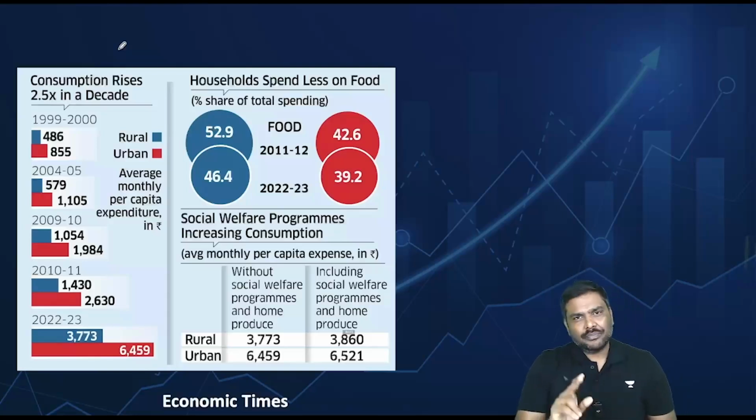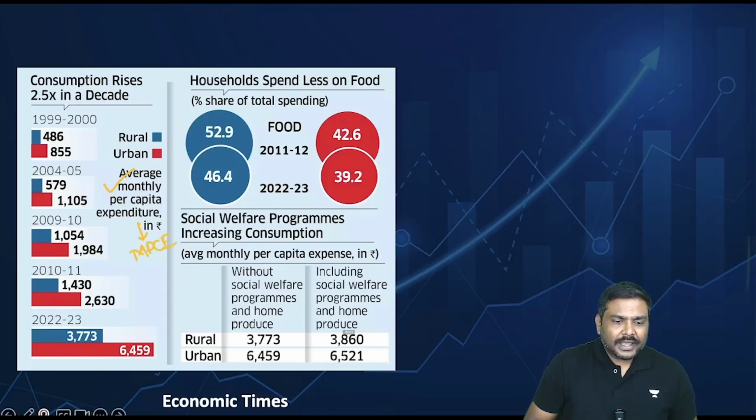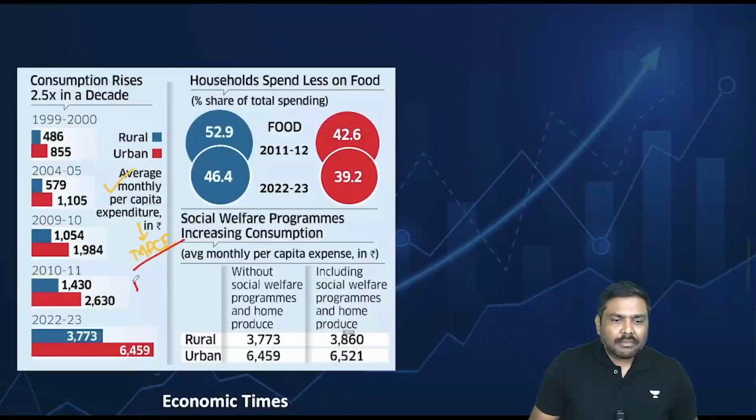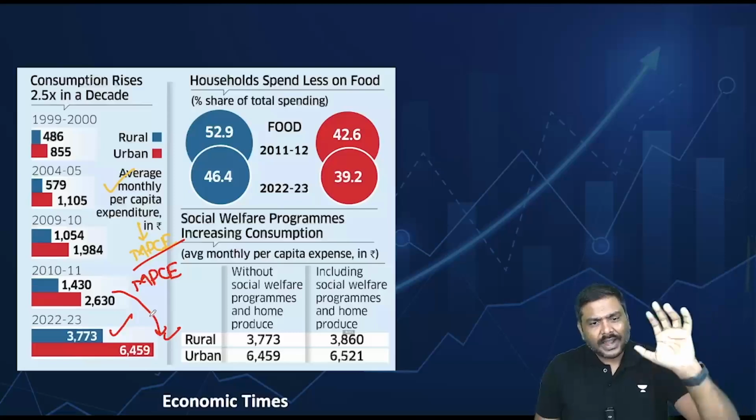Observations. Point number 1, the average monthly per capita expenditure, in short referred to as MPCE. MPCE for rural India and urban India has increased compared to the data back in 2010 and 11.